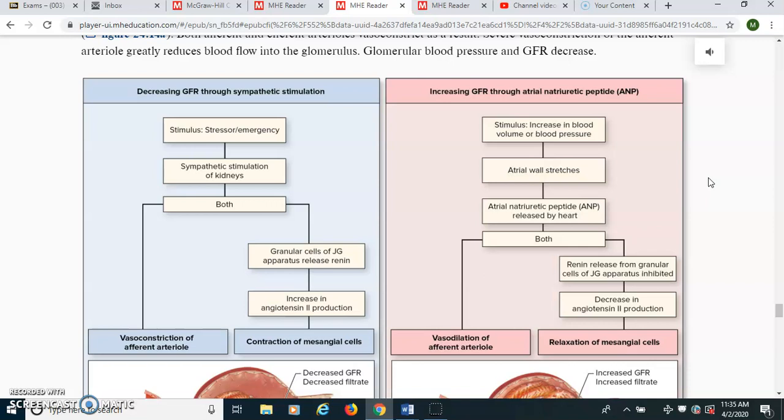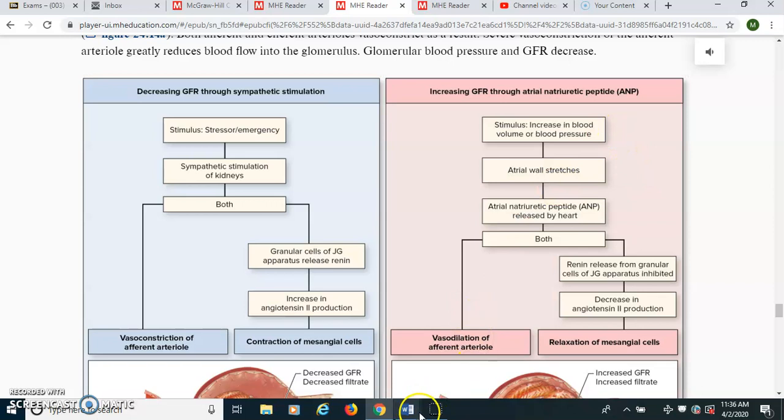And so we need something to get our blood volume and our blood pressure back down into the normal. And so we're going to get the blood pressure back down by decreasing the blood volume. That's how we'll affect the blood pressure in this case.